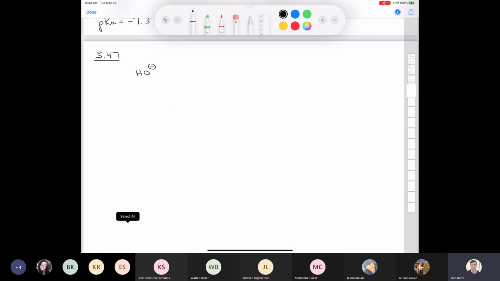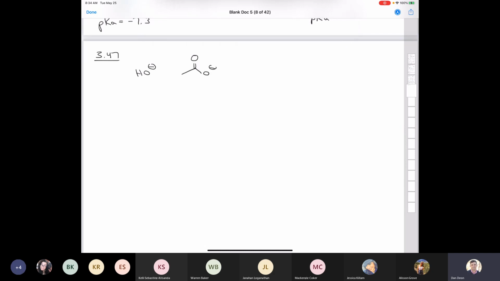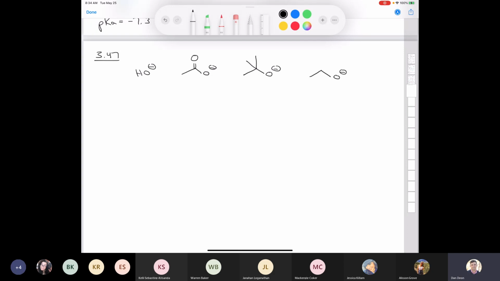So we have hydroxide, we have the acetate ion, which I showed you earlier today. So that's again called the acetate. We have the tert-butoxide, okay? And then we have an ethoxide like that.